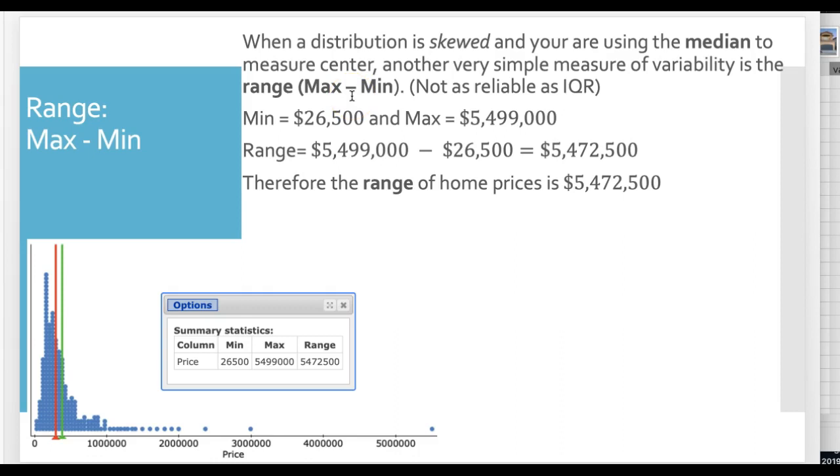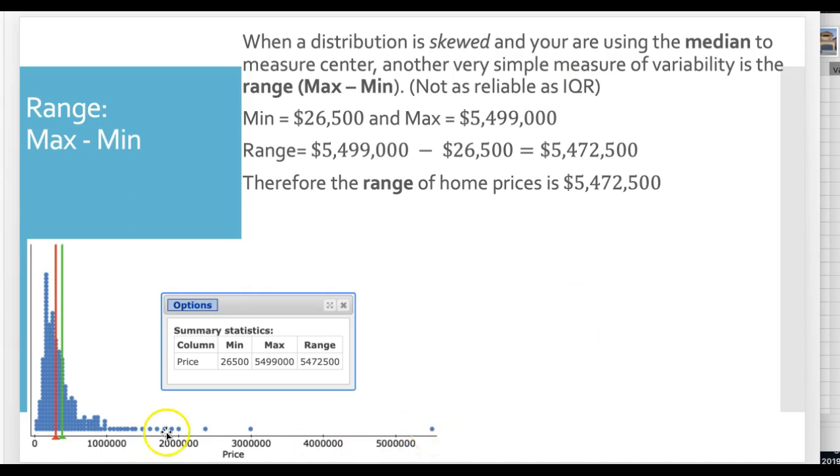Here the min in this data set was 26,500, and the maximum was 5,499,000. So the range of home prices is 5,472,500.